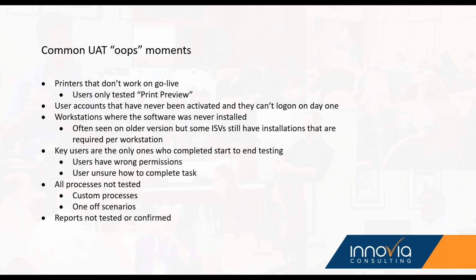Now they can enter a sales order, can't do anything else with it, but hey, they can make one. How did we get to that point? We should have tested. We should have confirmed their permissions and made sure that they can do all their processes. Custom processes. This is another big one. Nobody tends to think of those one-off scenarios. So it takes us back to our spreadsheet.